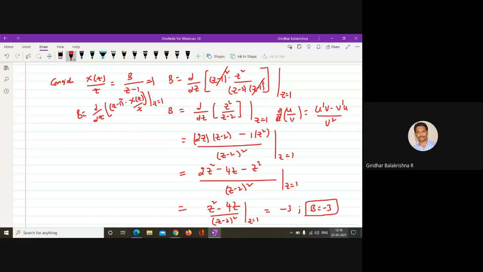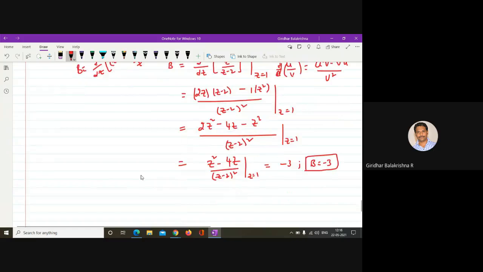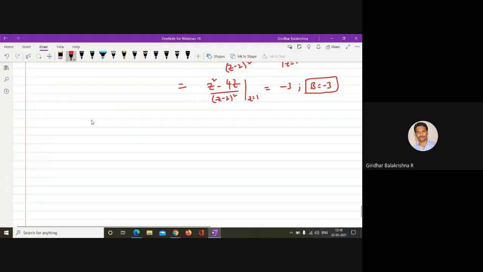Completed? Yes, sir. Okay. Now, tell me the expression for x of z by z. X of z by z equal to a by, what is the value of a we got? A by z minus 2. The value of a is 4. 4 by z minus 2. Next, plus here it is minus.